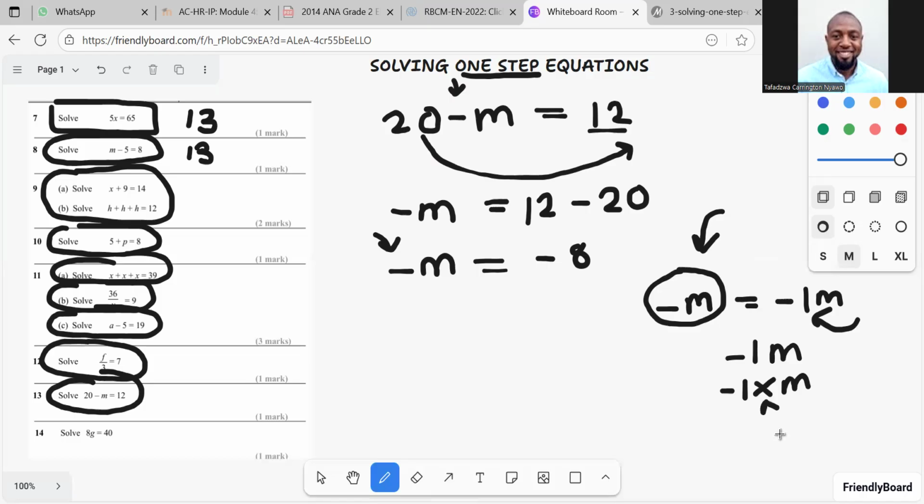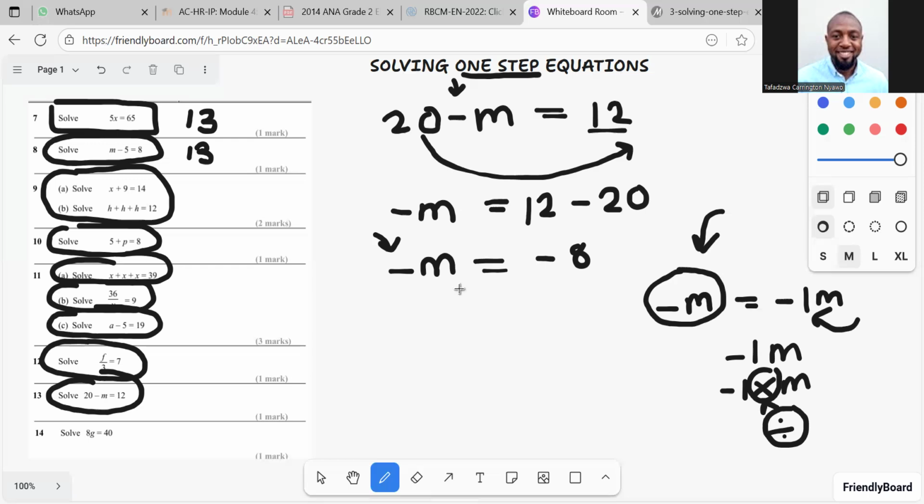So in order to remove that negative 1 from m, we have to use the inverse operation of division, because they are multiplying here. So we need to apply the inverse operation, which is dividing. Did you get it? All right.